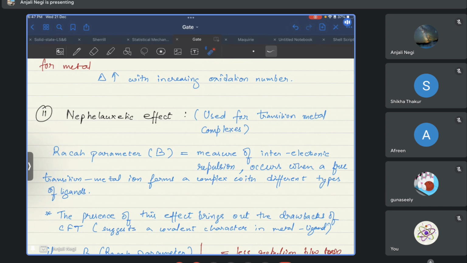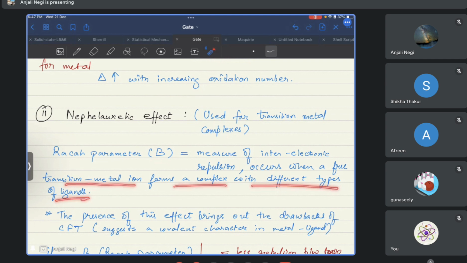So this Racah parameter, that is capital B, is a measure of interelectronic repulsion, which occurs when a free transition metal ion forms a complex with different types of ligands.